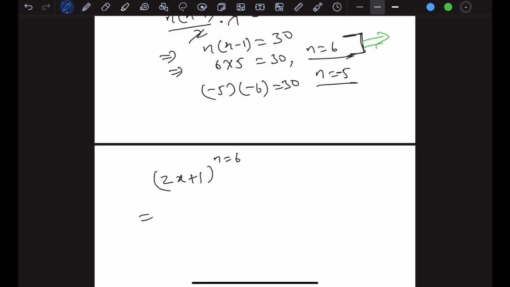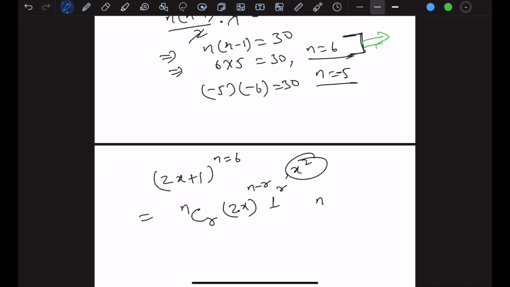So we have, and I just want x to the power 2. I'm interested in this. So it will be nCr (2x) to the power n minus r, 1 to the power r.